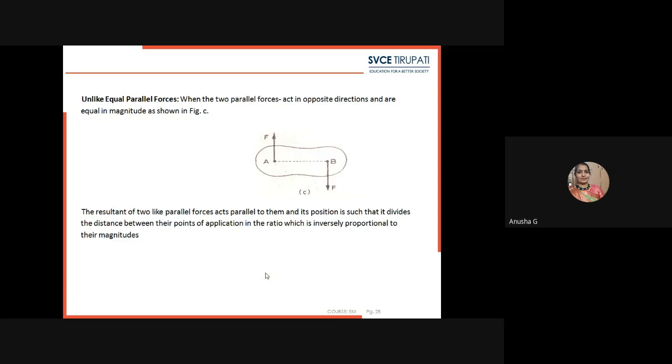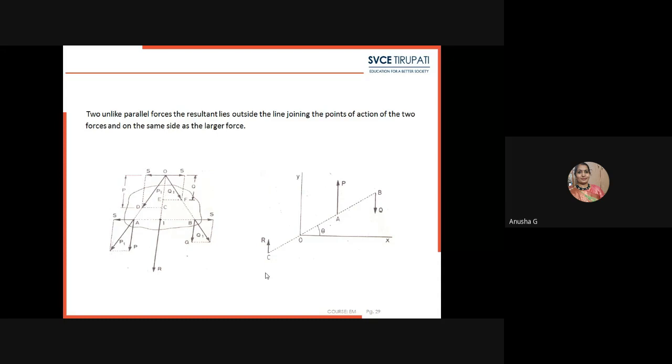When two parallel forces act in opposite directions and are equal in magnitude, these forces are called unlike equal parallel forces. The resultant of two like parallel forces acts parallel to them, and its position divides the distance between their points of application in a ratio inversely proportional to their magnitudes. Here you can observe the x, y and z directions.